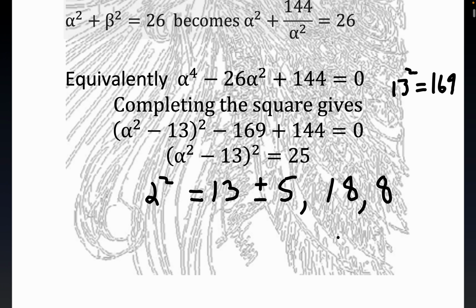And so what we get when you take the plus and minus square roots, notice that 18 is 9 times 2. So we would get alpha equals plus or minus 3 root 2, comma, 2 root 2.